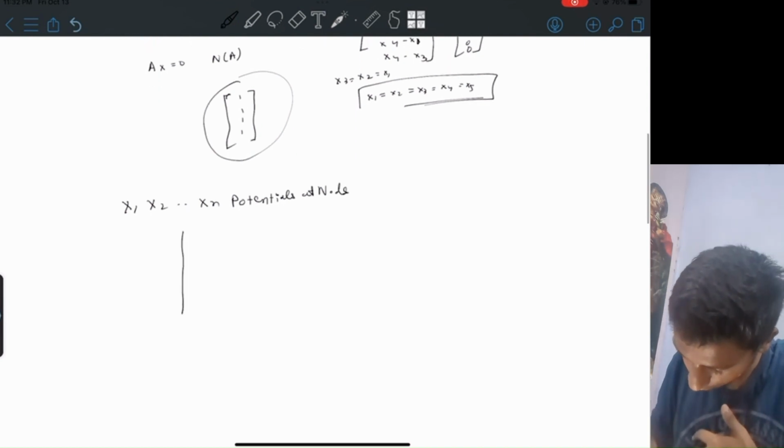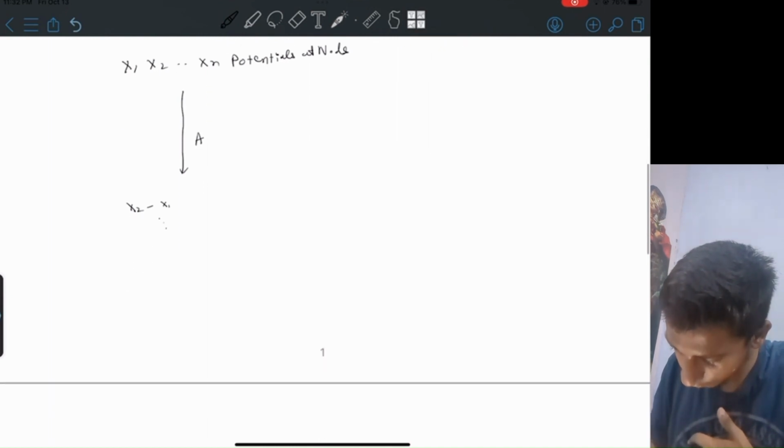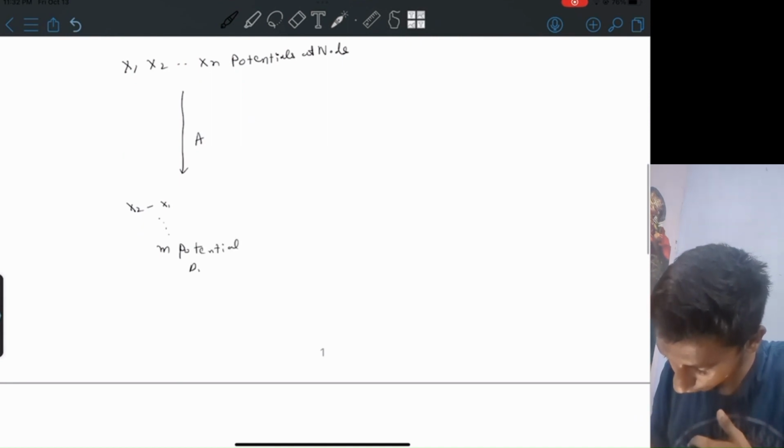Suppose x1, x2 up till xn are the potentials at the nodes. When multiplied by A, we get x2 minus x1 and the various m different potential differences.